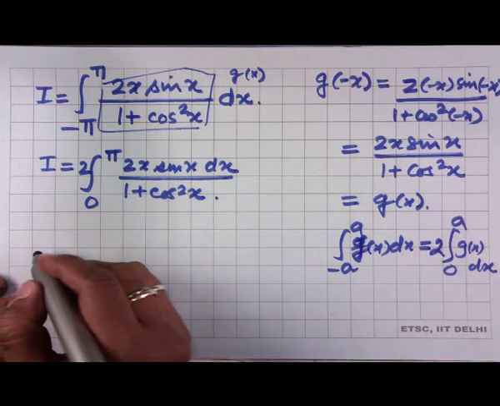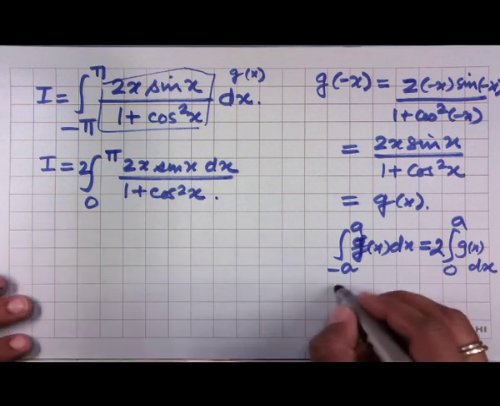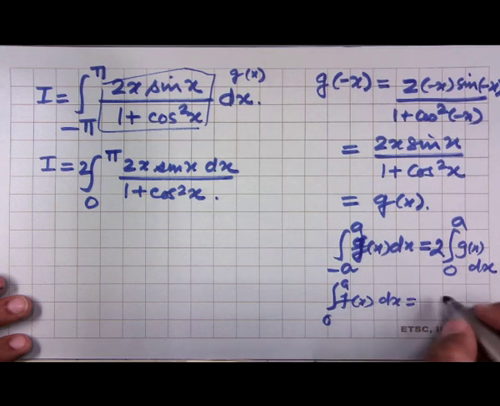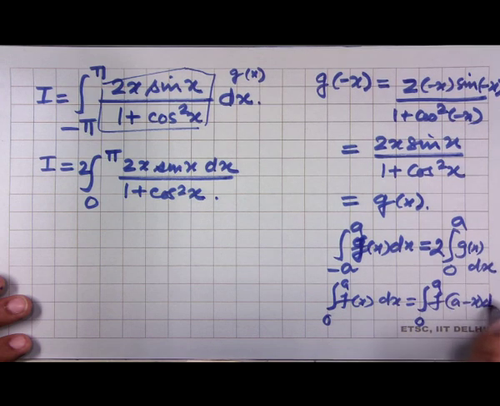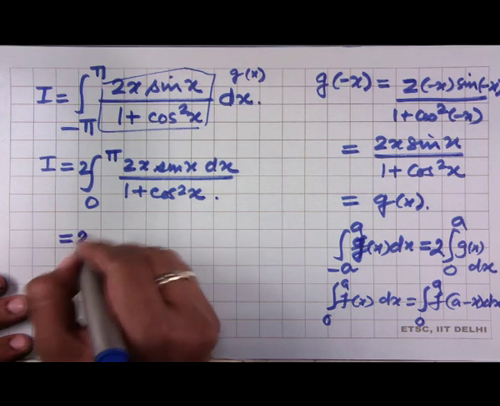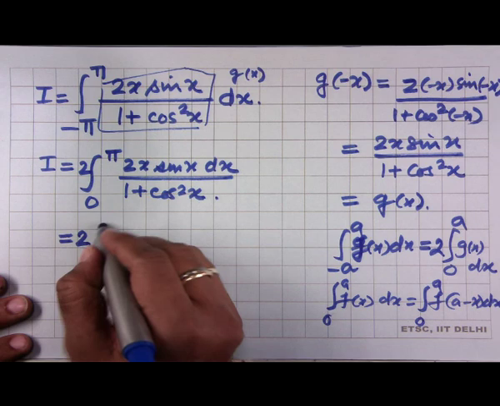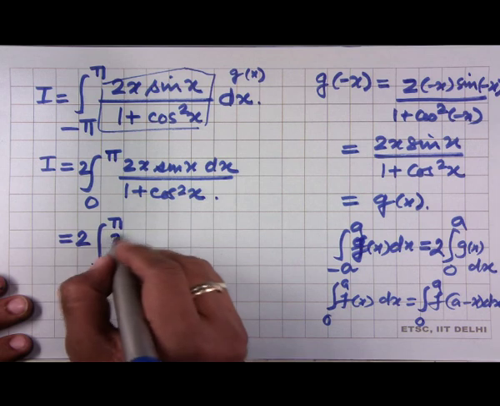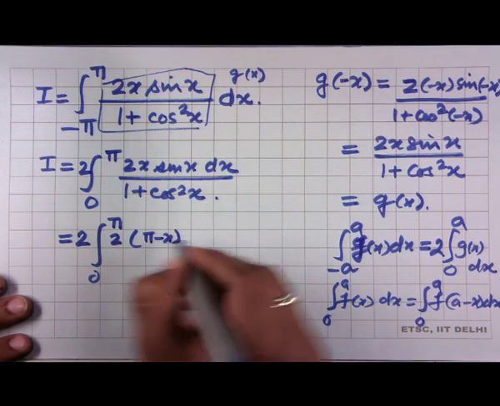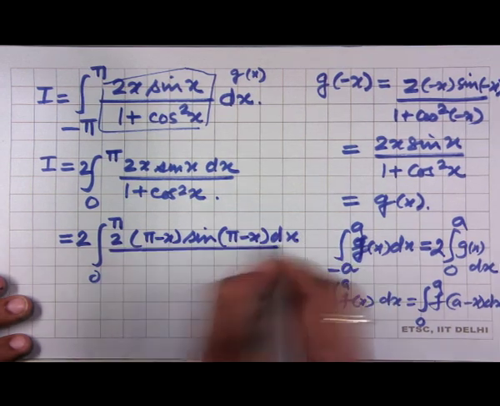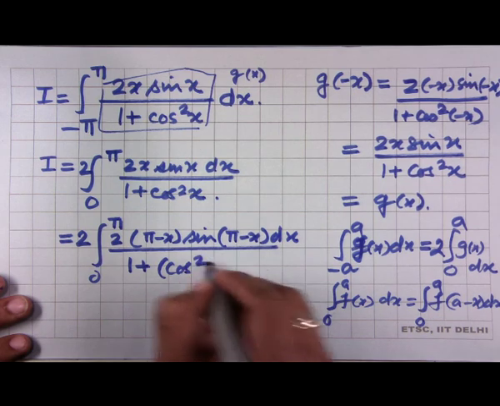Now, again what to do? So we apply this property that the integral from 0 to a of fx dx is the integral from 0 to a of f of a minus x dx. So this is equal to the integral from 0 to pi of pi minus x, sine of pi minus x, dx upon 1 plus cos square of pi minus x.